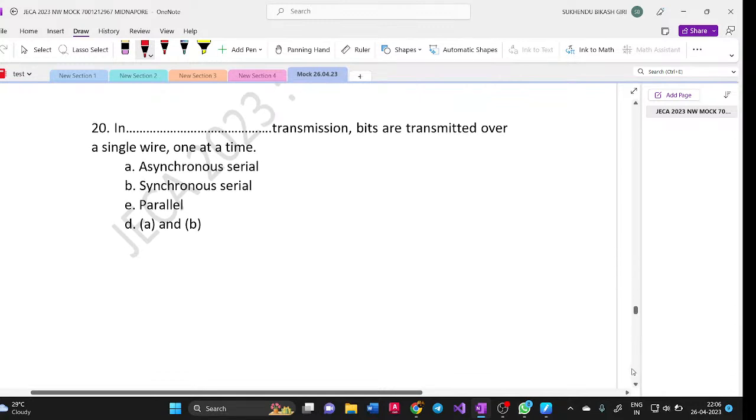Question number 20. In dash transmission, bits are transmitted over a single wire, one at a time.